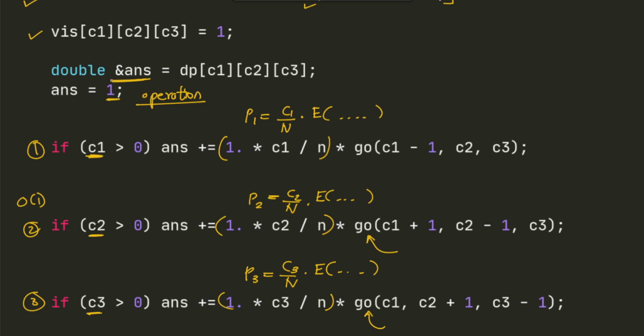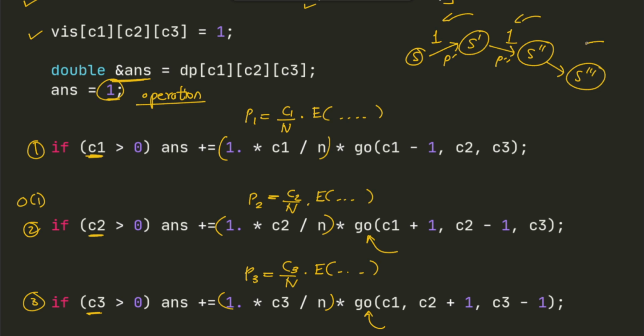Hence, performing the transition from any state S to S dash is one operation. Similarly, this would be one operation, and we are considering the probabilities of these transitions and trying to find the expected value for these terms, which is the number of operations that will be performed until we reach a terminating state.